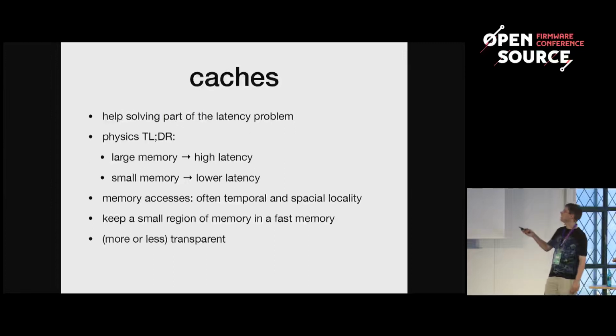And what the cache uses is that memory accesses are often close together, either in time or in the memory space. So you try to keep a small amount of memory that's currently used in a small memory region, and you also try to keep that more or less transparent.